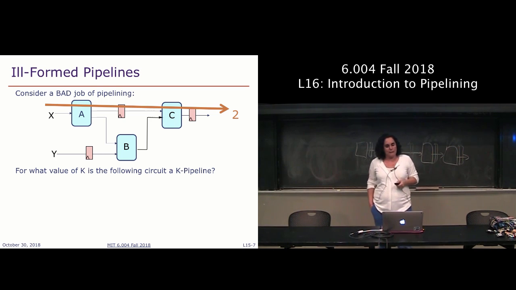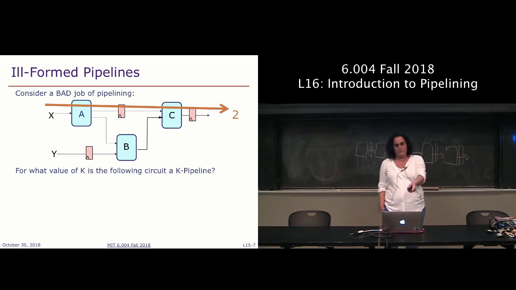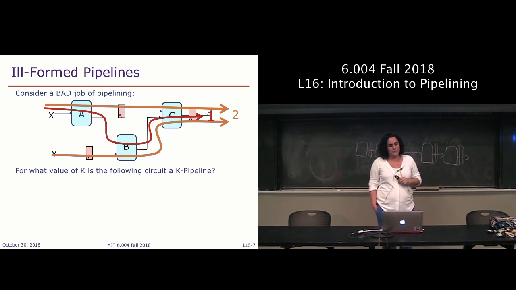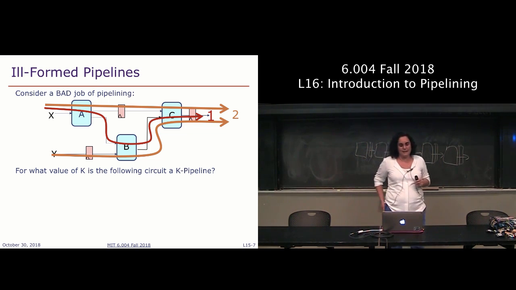Because if I look at my path from x out through to C, I go through 2 registers. If I look at my path from y out to C, I also go through 2 registers. But what happens when I follow this third path, which goes through A, B, and C? Now I've only gone through a single register. So what are the implications of this?